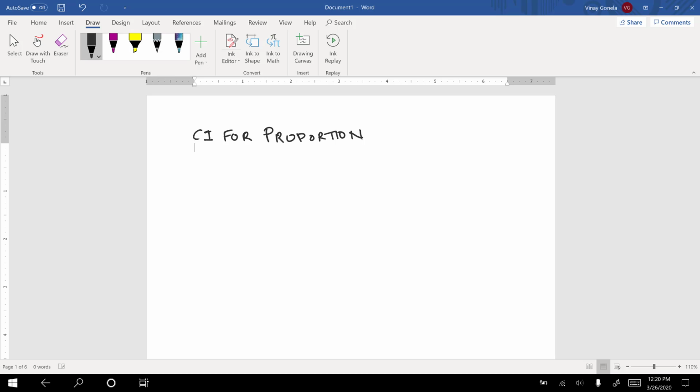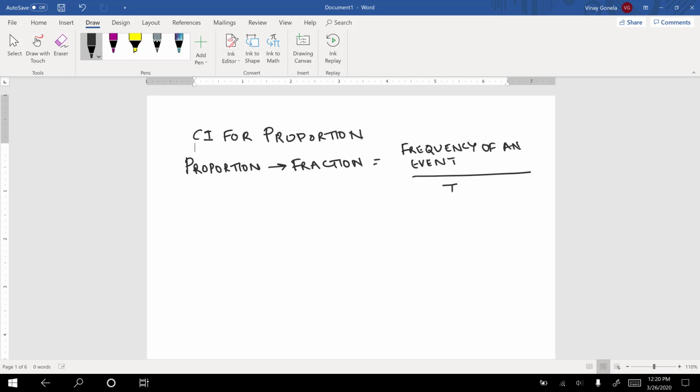So we have previously discussed proportion is a fraction, and the formula for it is frequency of an event divided by the total.